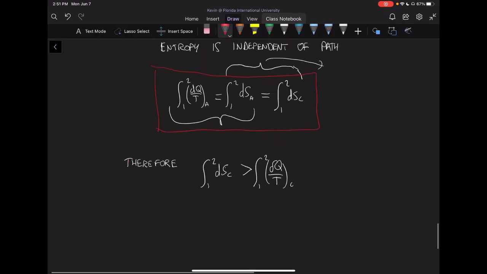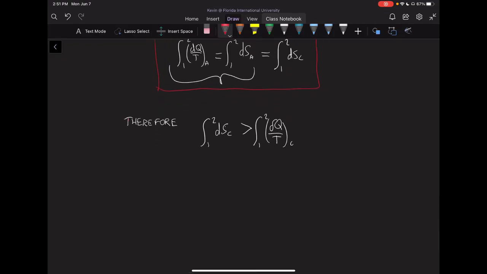So what we can write as the result of this, and let's just add here that this is true for irreversible systems, okay?